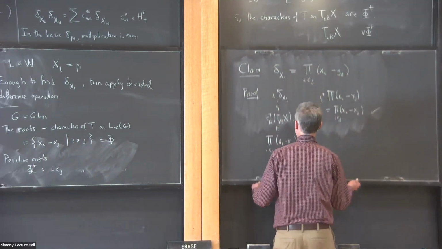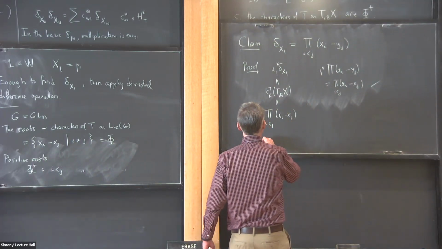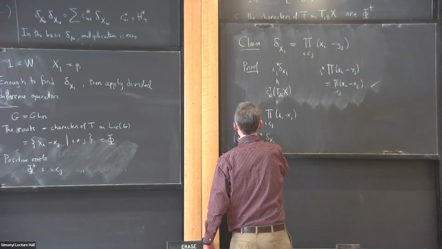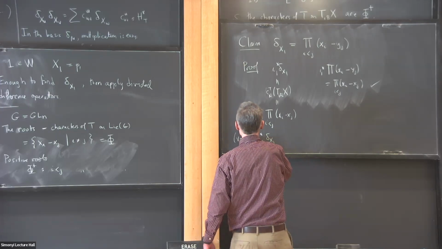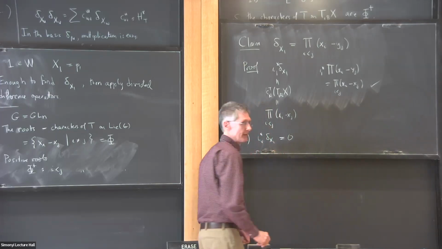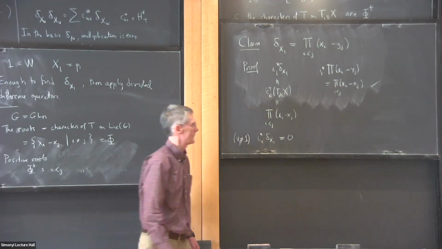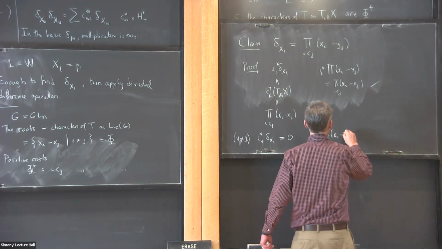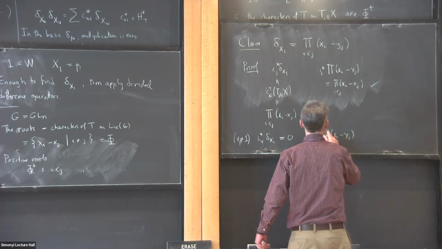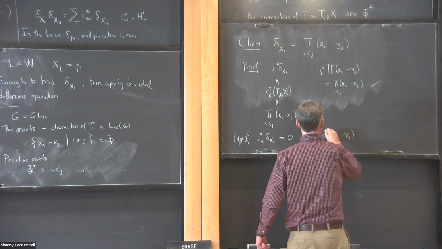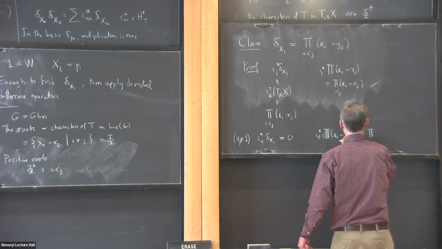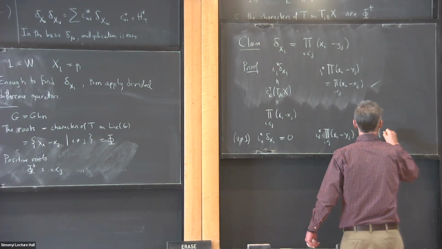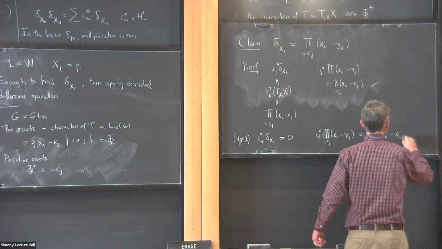On the other hand, if I look at iv star of delta x1, for v not equal to the identity, this is 0 by my self-intersection formula, or just by the non-intersection. On the other hand, iv star of the product of xi minus yj is equal to the product of xi minus x of v of j.